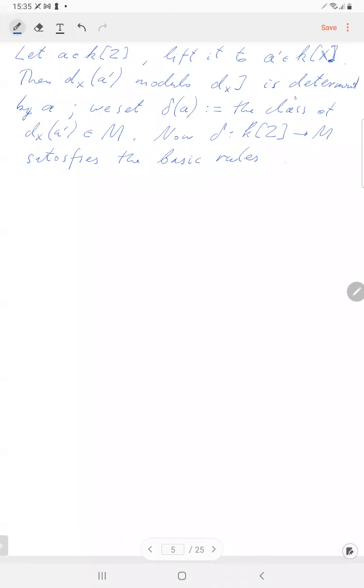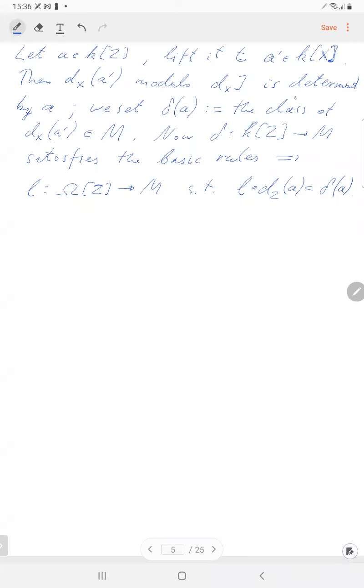And hence we obtain the desired map L from differentials on Z to M, such that the composition of L with the differential on Z is our delta.